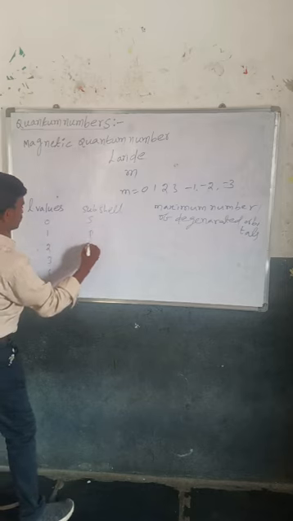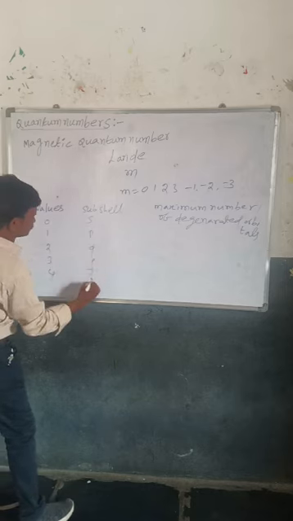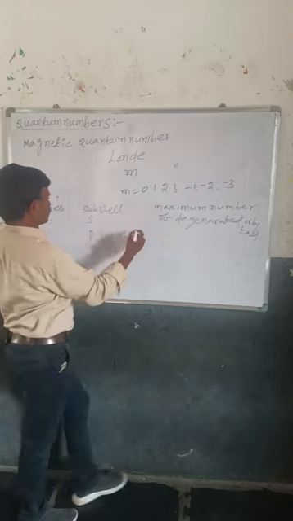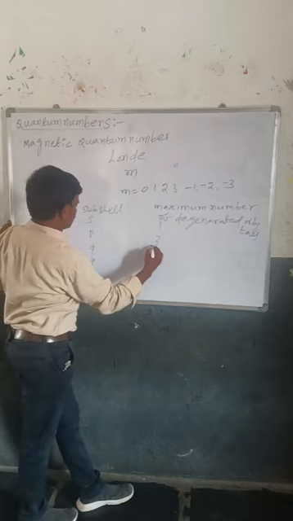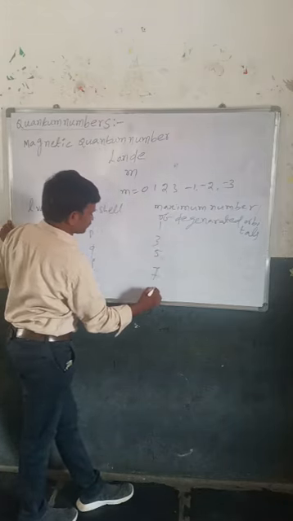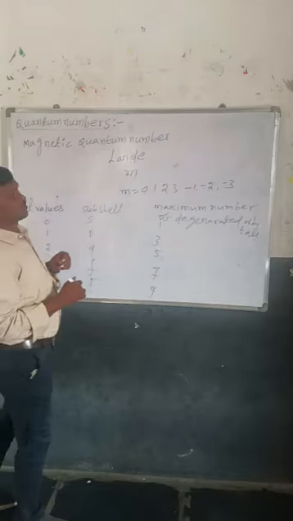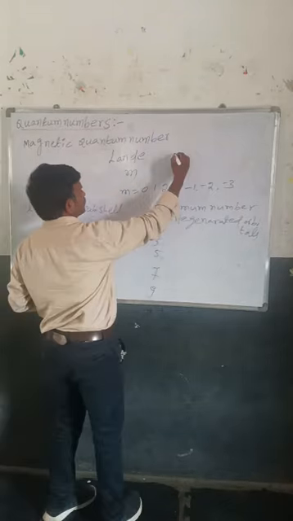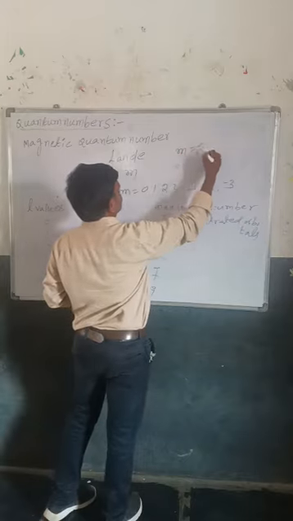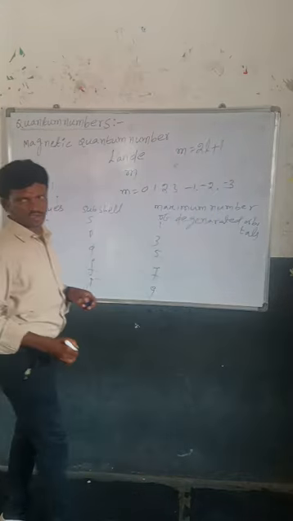Subshells s, p, d, f, g. Maximum number of orbitals are 1, 3, 5, 7, 9. This is the information about magnetic quantum number. Formula: number of m values is 2l plus 1.